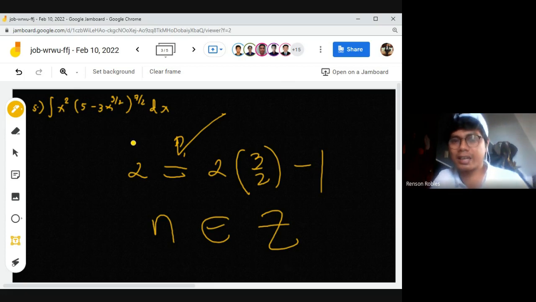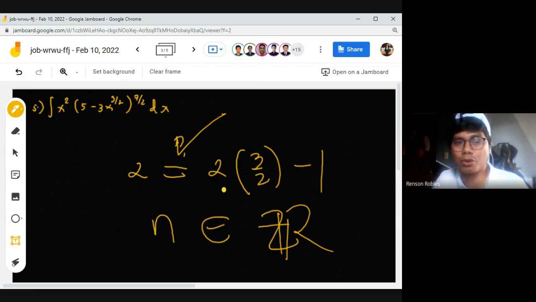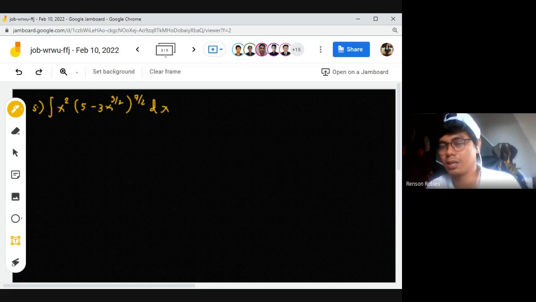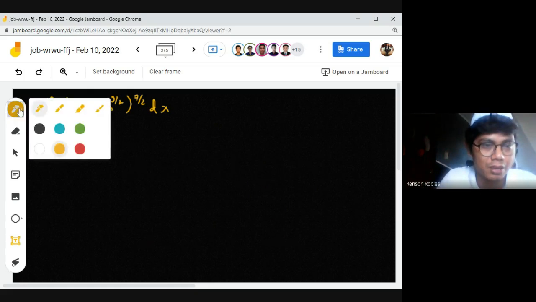That n here can be anything, as long as it always follows the form x raised to 2n minus 1 times the quantity ax raised to n plus b raised to m. Nagkakaintindihan tayo? Then can I ask someone to do this in long method? Anyone? And then the rest will do this with the aid of the formula that we derived. Again, the formula goes like this.